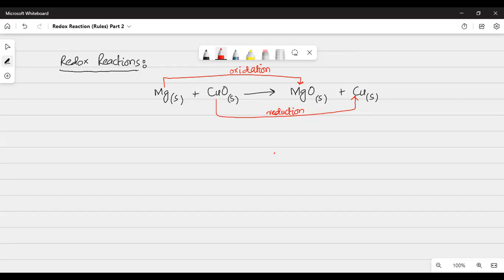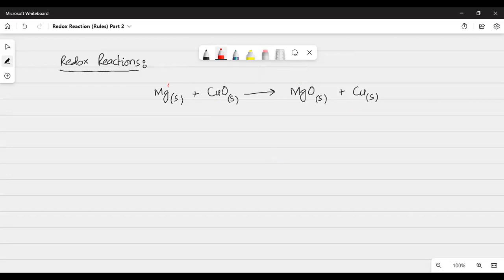What we need to do is to calculate the oxidation states for every single element present in there. Let me erase this. We'll redo this again. Let's start with the rules that we had learned in the previous class, and let's apply those rules. Do you remember that any element that is single, uncombined, has a zero oxidation state as per the rules?